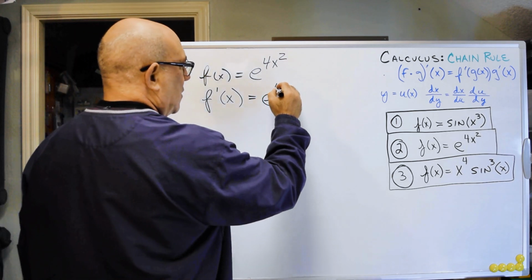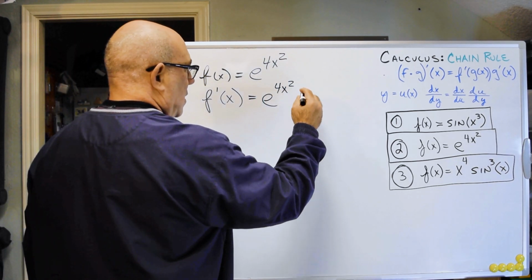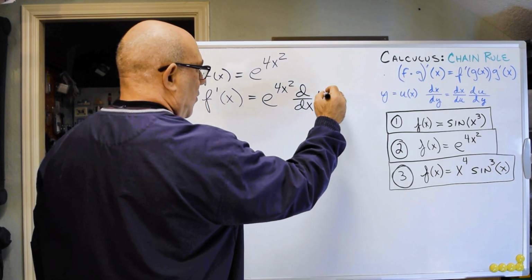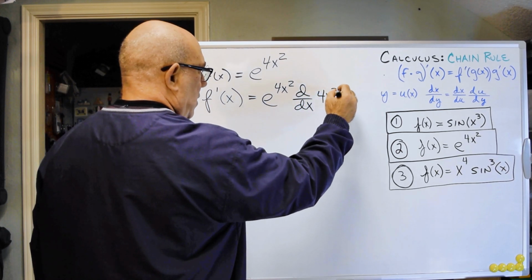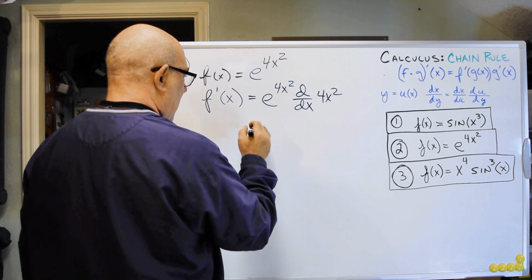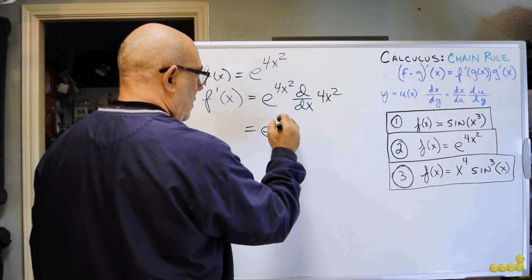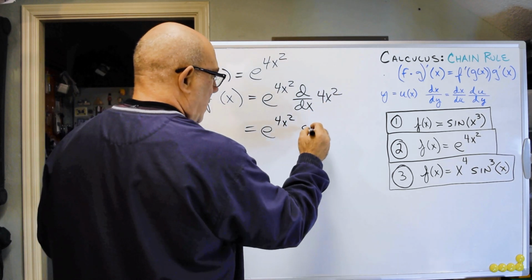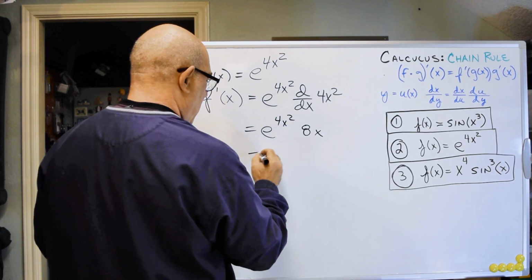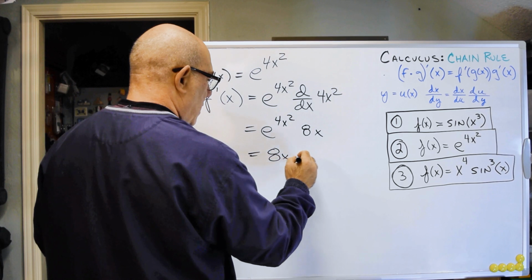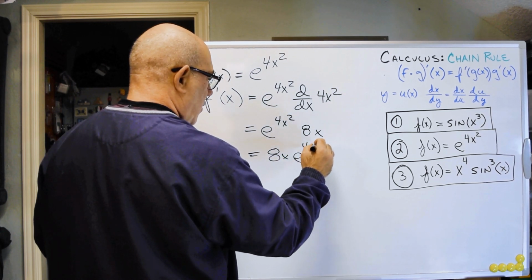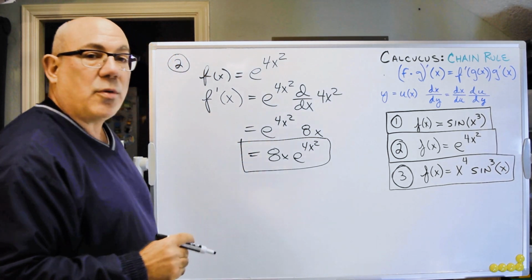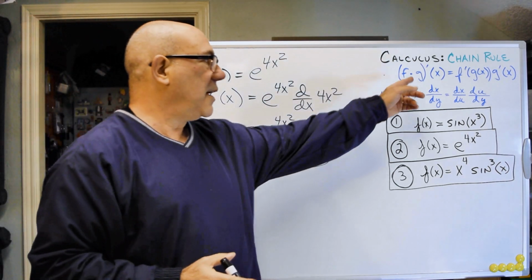So we have e to the 4x squared here times the derivative with respect to x of 4x squared, and that is going to evaluate to e to the 4x squared times 8x. So the answer is 8x e to the 4x squared. And that's number 2. Pretty straightforward. Pretty easy when you break it down like this.